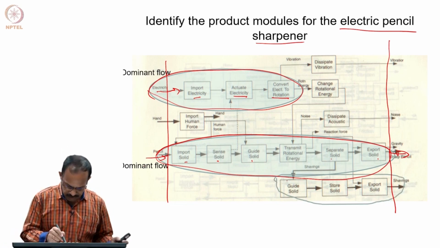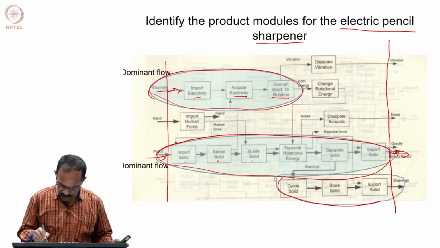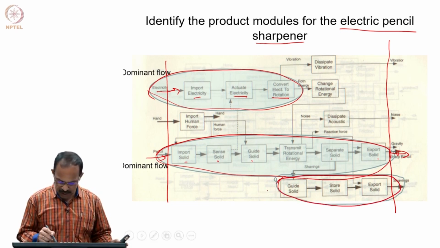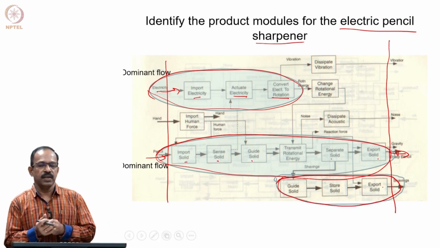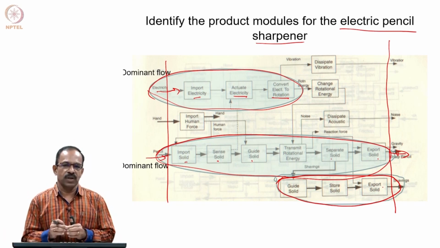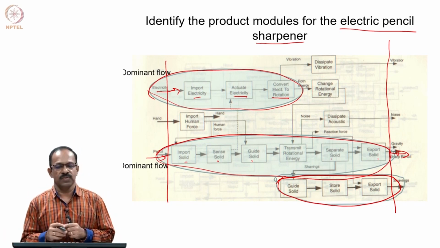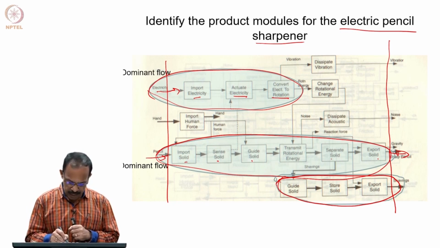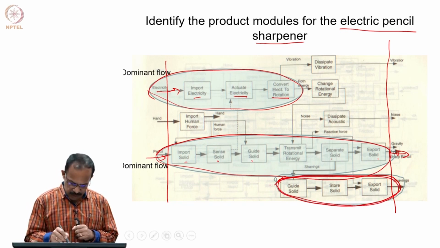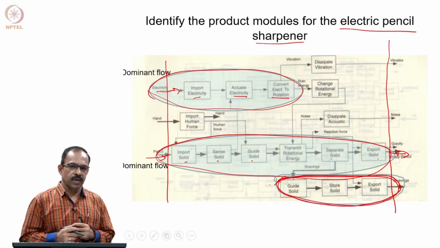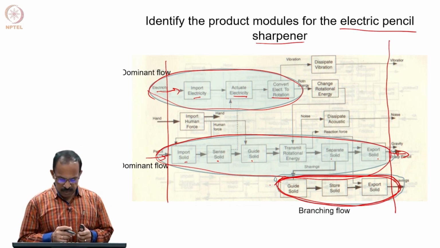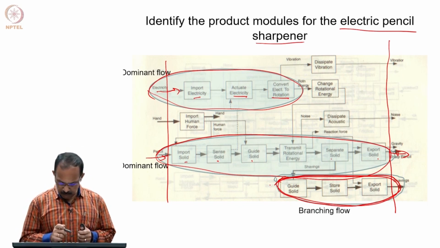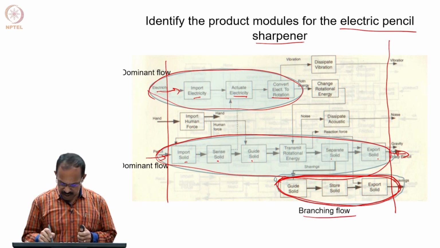But we can consider another potential module, where you have guide solid, store solid and export solid, which is actually a storage module for the shavings of the pencil. That can also be another potential module. Now, there can be other opportunities also. This becomes a branching flow module because it branches out from here.